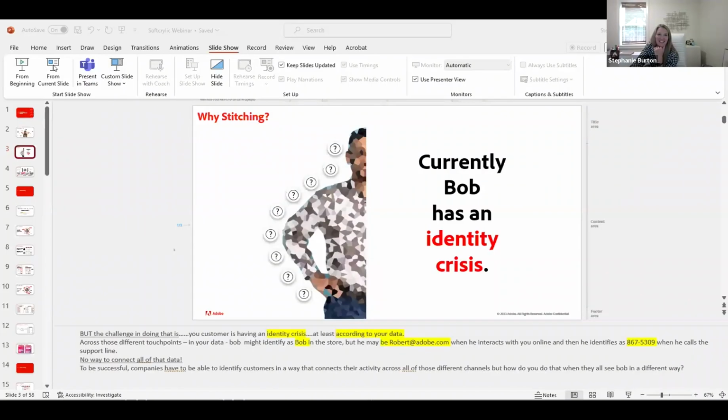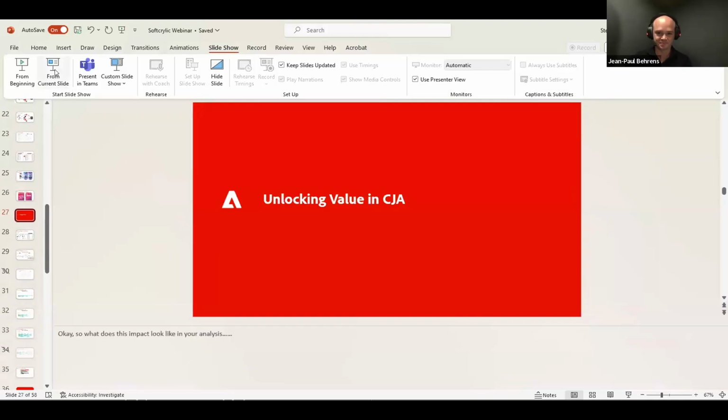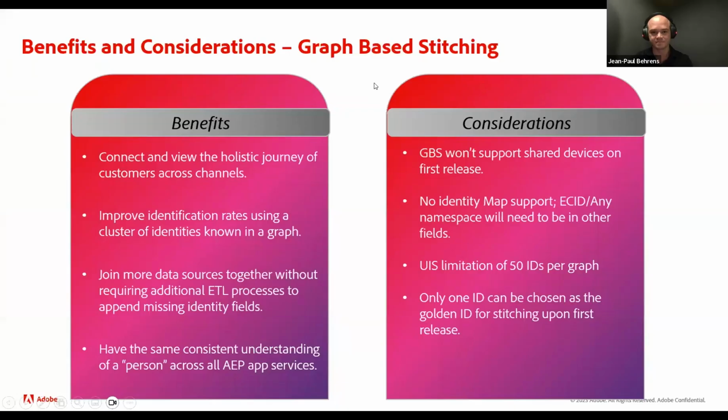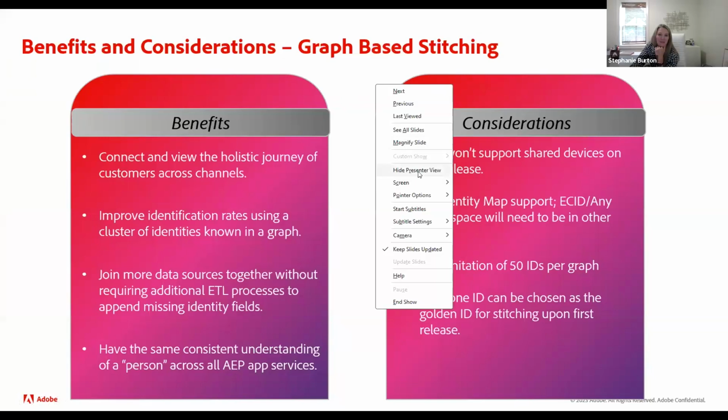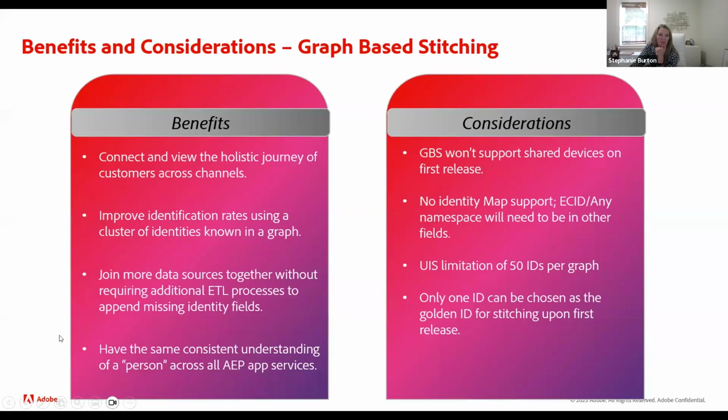Oh, hang on. Let me get to the right slide down here. I assume you see the PowerPoint. Yes. Okay. All right. Let me switch it to. Okay, well, we'll just go this way.